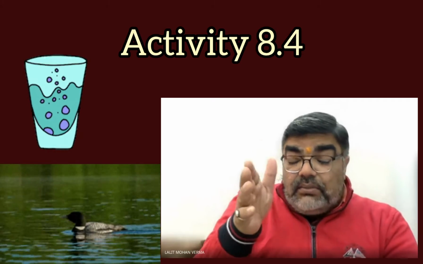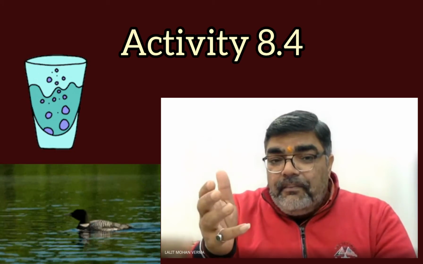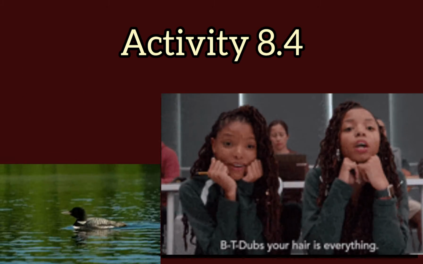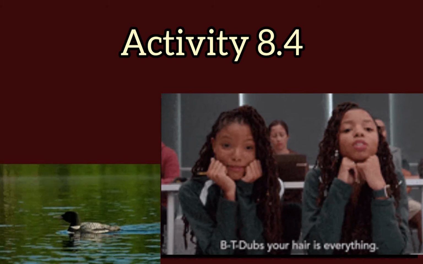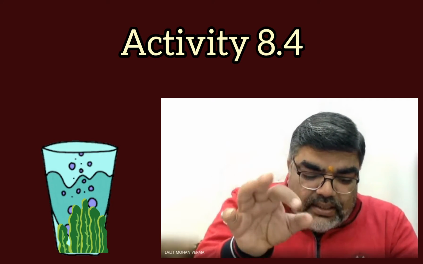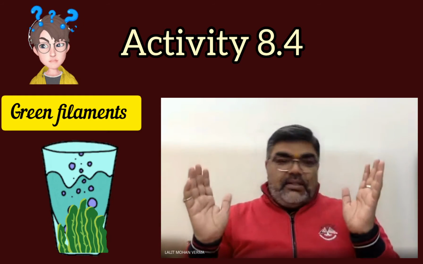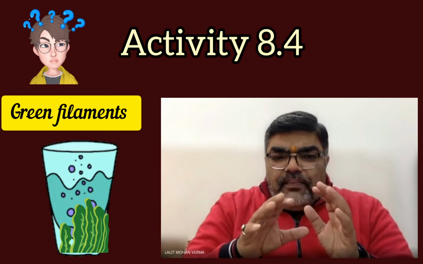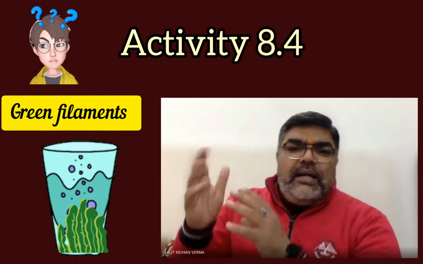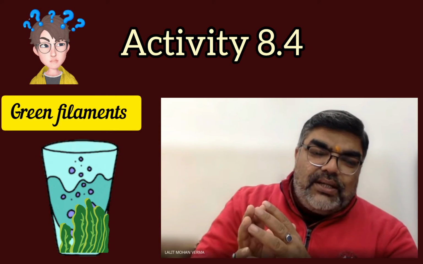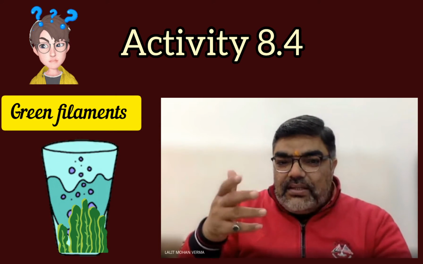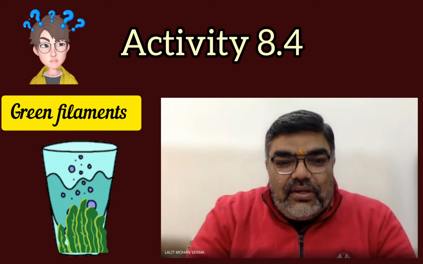Why is it looking green? Because it is containing some filamentous structure. Still now we don't know what type of filamentous structure those are, but it is having some filament-like structure.